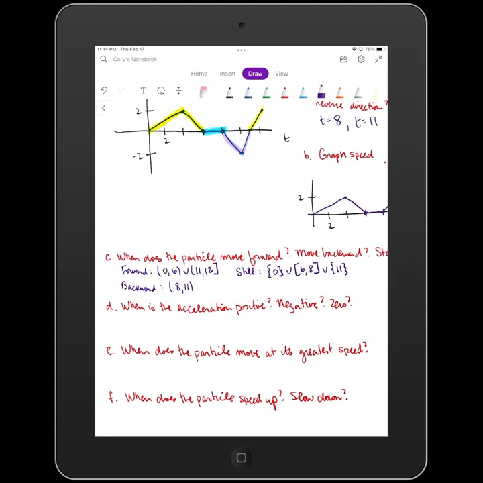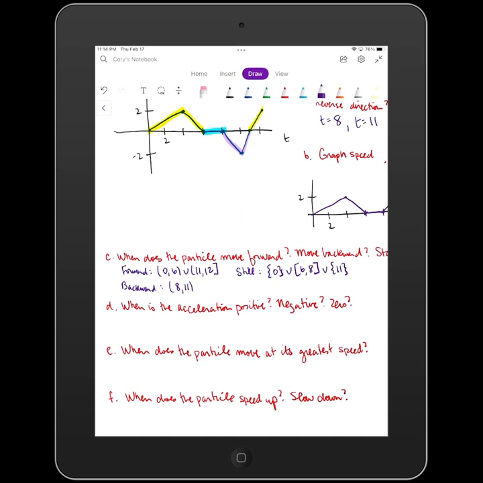We know acceleration is the derivative of velocity, and the derivative measures the slope of the tangent line. So acceleration is going to be positive when our graph has positive slope. It's negative when the graph has negative slope, and acceleration is 0 when the slope is 0.